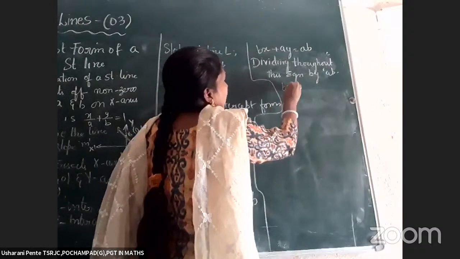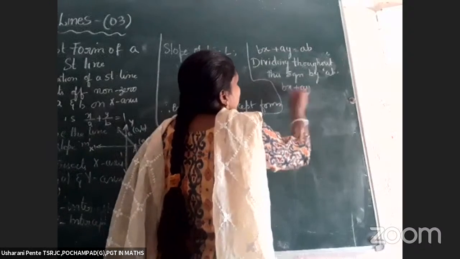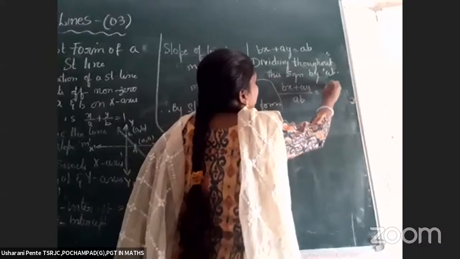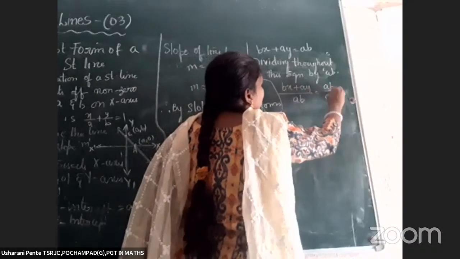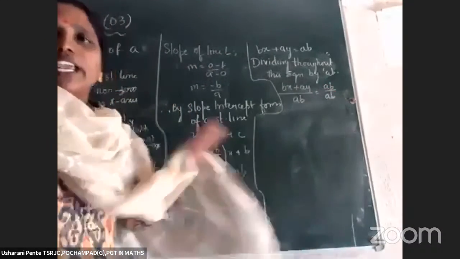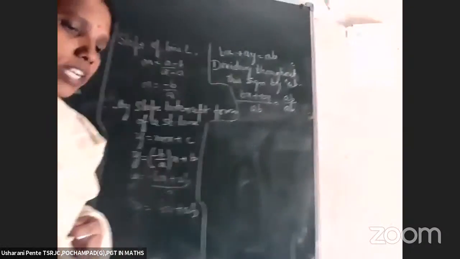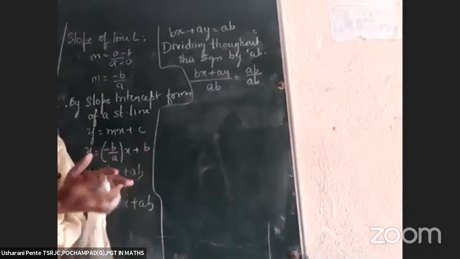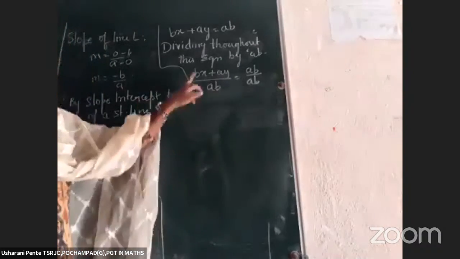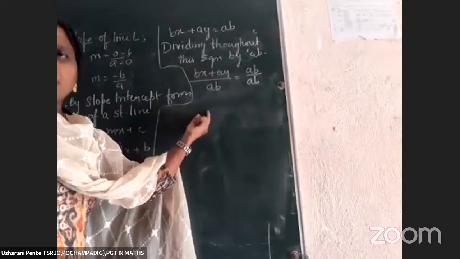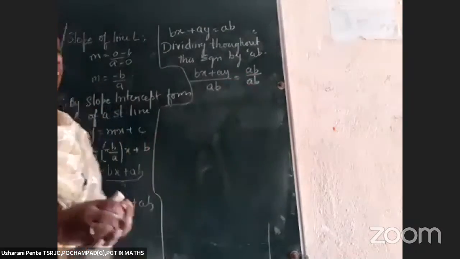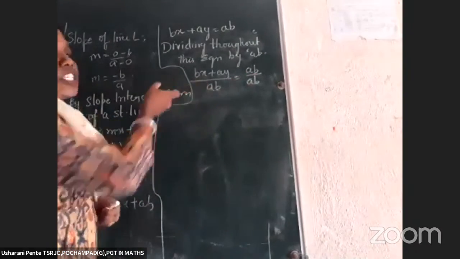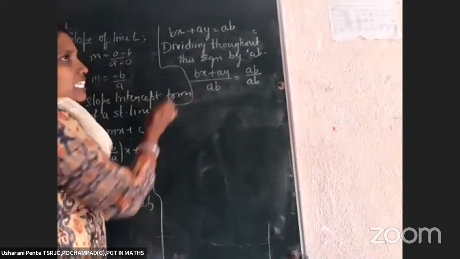So bx plus ay by ab is equal to ab by ab. I am dividing it individually.